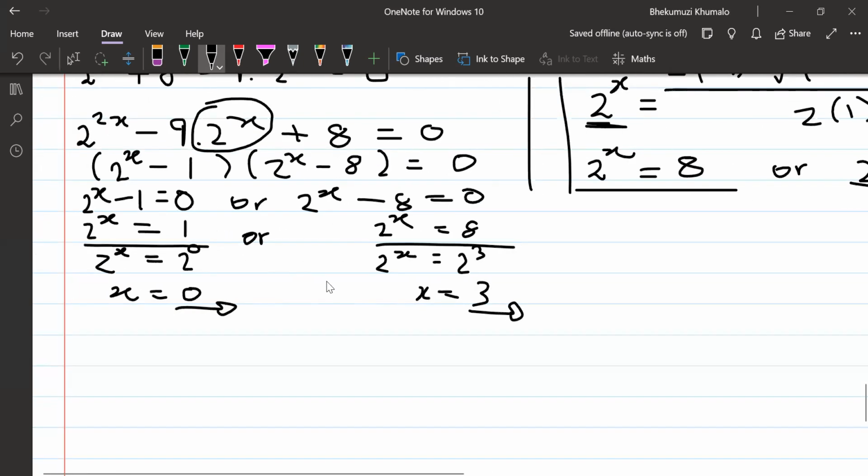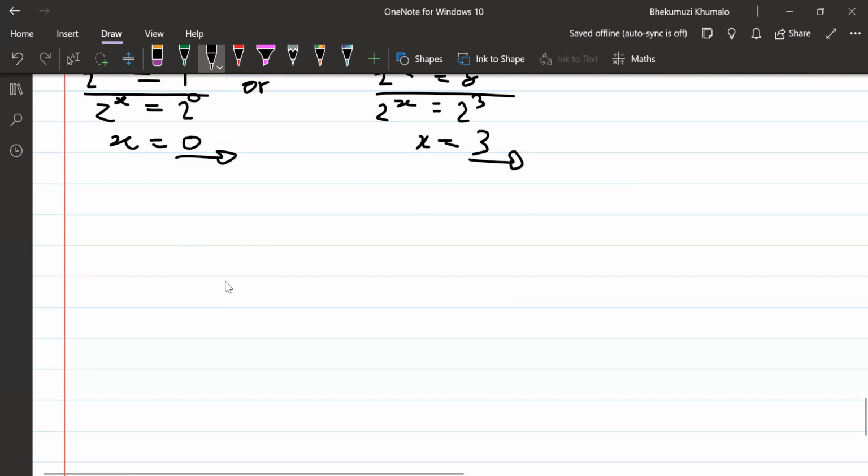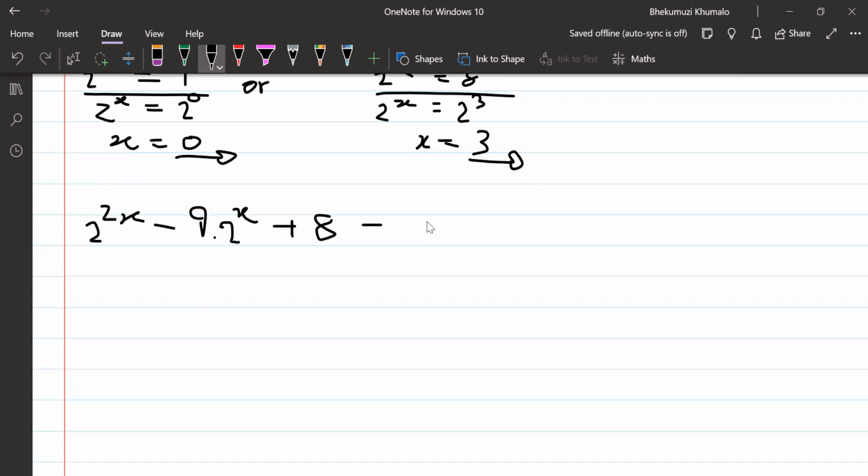But now with the k method, just to also explain the k method, if it's 2 to the power 2x minus 9 times 2 to the power x plus 8 is equal to 0. Basically, we would let 2 to the power x equal k. And so wherever 2 to the power x is, we put k.